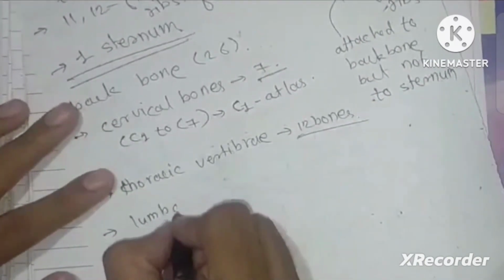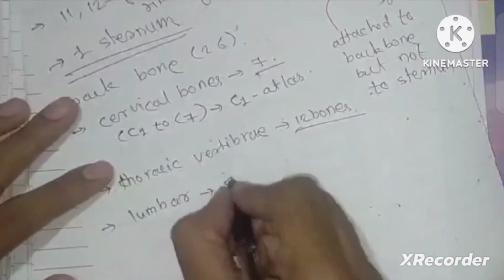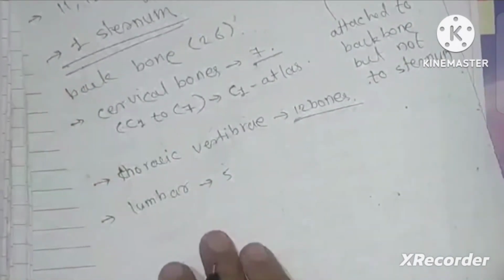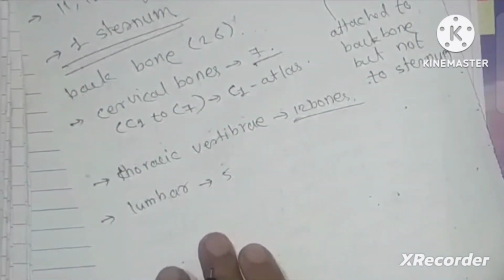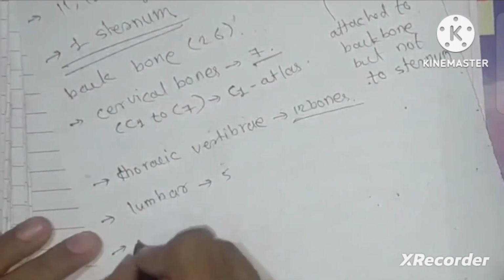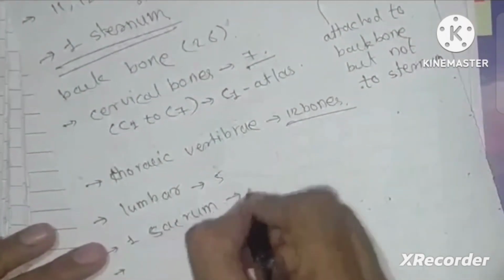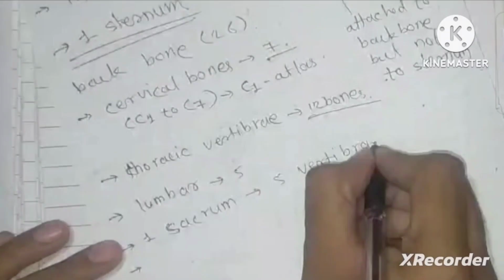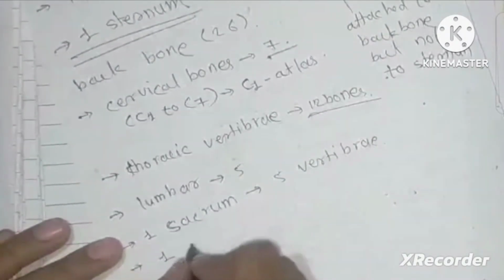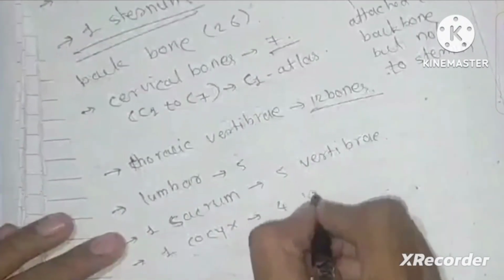7 lumbar. There are 5 bones in lumbar vertebrae and 1 bone sacrum, which is made up of 5 vertebrae, and 1 bone, that is coccyx, consists of 4 vertebrae.